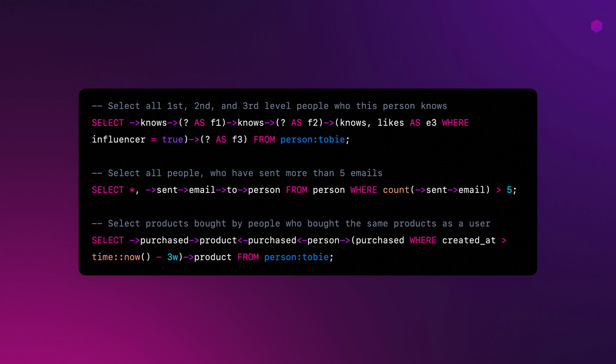That's going to find me all products that were purchased by other people who also purchased the products that I purchased in the last 3 weeks. And that's an incredibly complicated query if you're using something like Postgres or Oracle to do with joins, or if you're bringing data down from, let's say, MongoDB or another database, and you're combining and joining that data in your application locally.